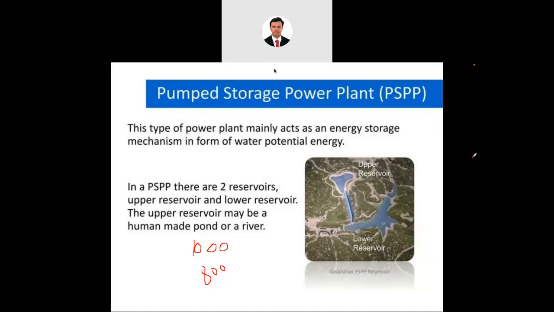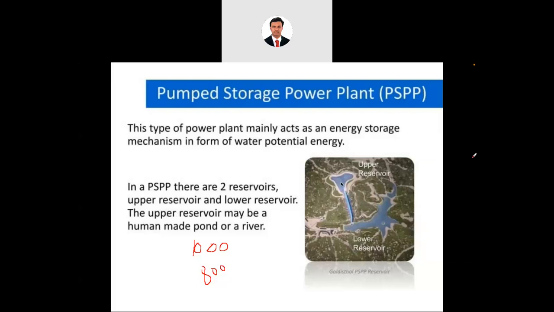Yes. Okay. So we are seeing the pumped storage power plant. Okay. So excessive energy which is produced inside the hydroelectric power plant is used to pump the water back from lower reservoir to the upper reservoir. Okay. So during the daytime or during the night time, the excessive electricity which is generated in the hydroelectric power plant is used to store this particular water at higher level.